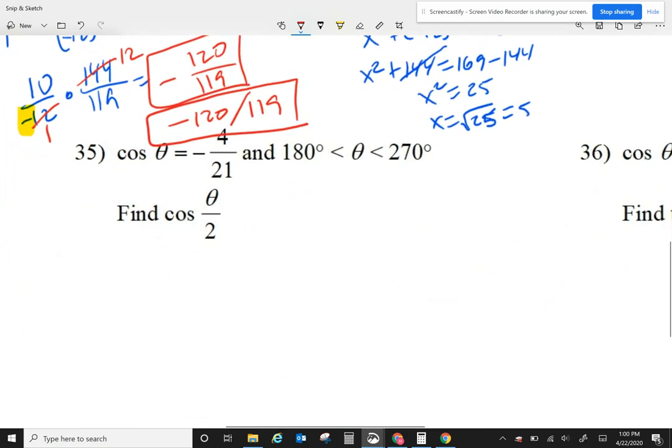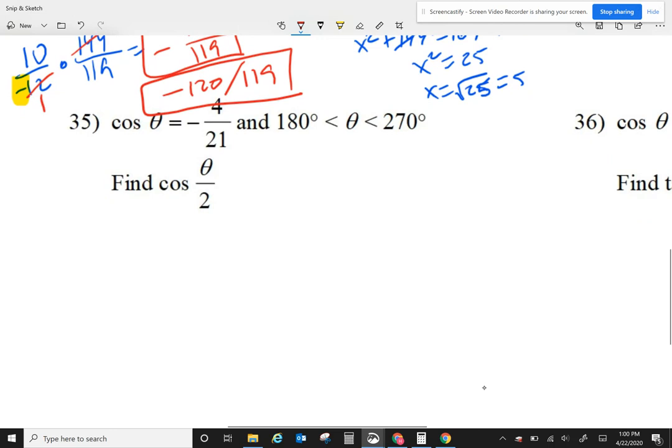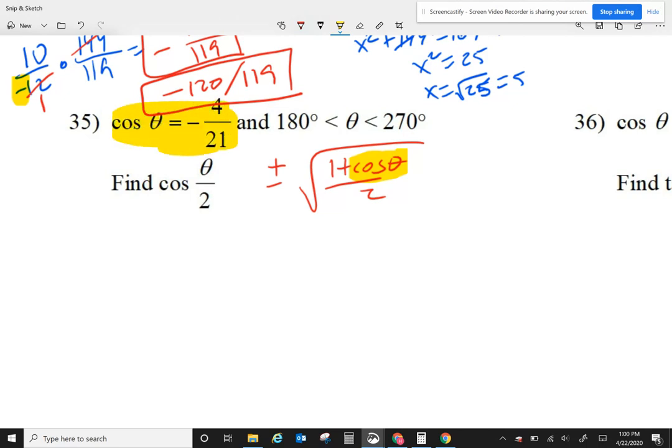Looking at question number 35. Cosine of theta over 2. For this, I gave you guys the formula, plus or minus the square root of 1 plus cosine of theta over 2. Seems like I need the cosine of theta, and I already know what cosine of theta is. Let me deal with the fraction first, and then I'll deal with the square root. So I have a fraction. On the top, I have 1 plus a negative 4 over 21 over 2.